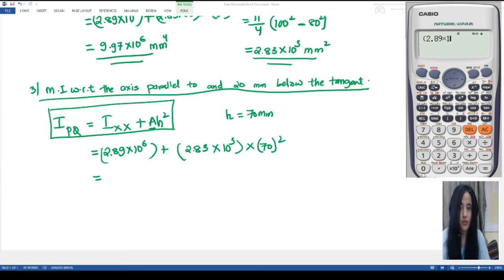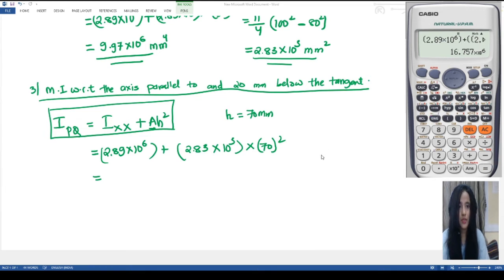2.89 into 10 raised to power 6 plus 2.83 into 10 raised to power 3 into 70 square.